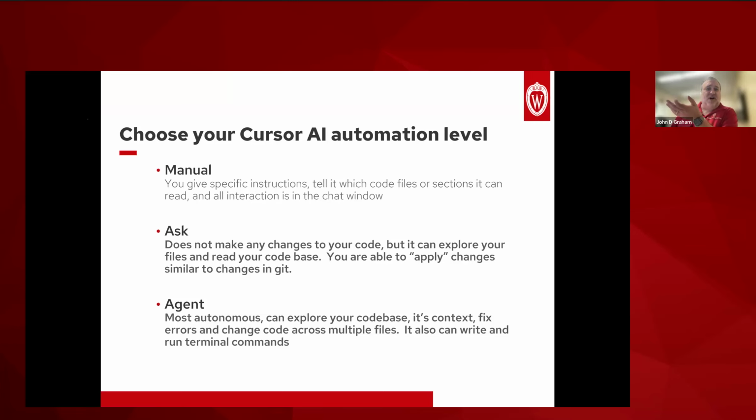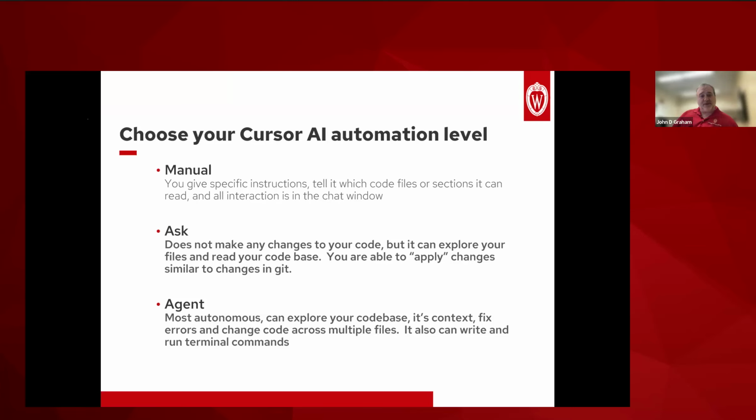With Ask, you have a conversation with the AI, and it'll give you suggestions on code changes or code from scratch, and it will allow you to apply those. If you're familiar with GitHub or Git from a process standpoint, it'll show you those changes, and then you click accept, and it'll copy that code in for you. And it will also look at multiple files.